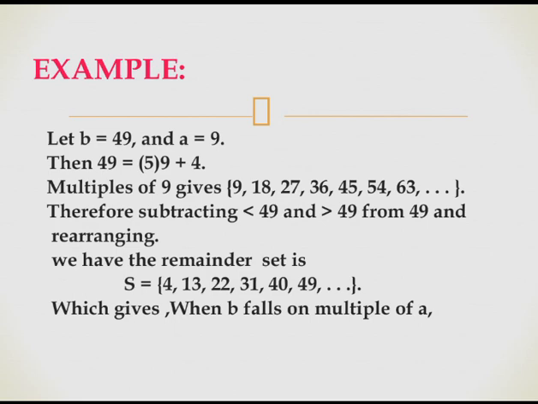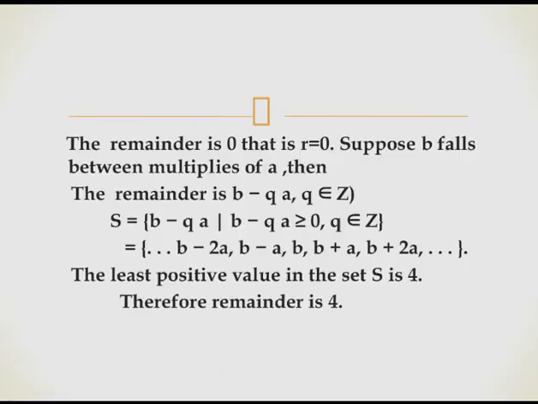Now the multiples of 9 give the set 9, 18, 27 and so on. Therefore, subtracting the multiples less than 49 and greater than 49 from 49 and rearranging, we get the remainder set capital S, which is equal to 4, 13, 22 and so on. When b falls on a multiple of a, the remainder is 0, that is, r is equal to 0.